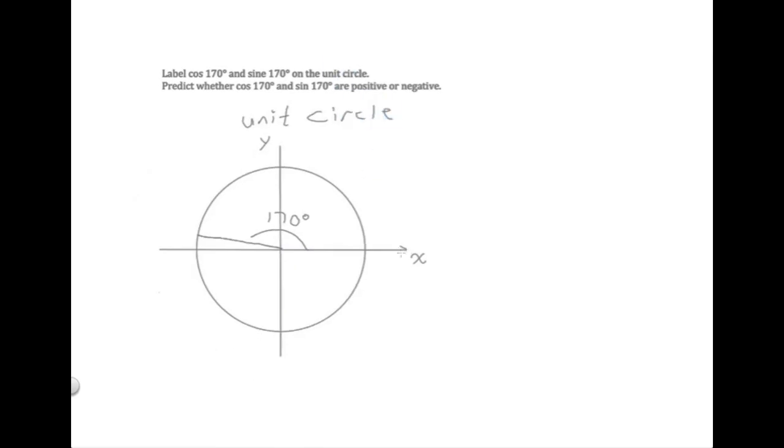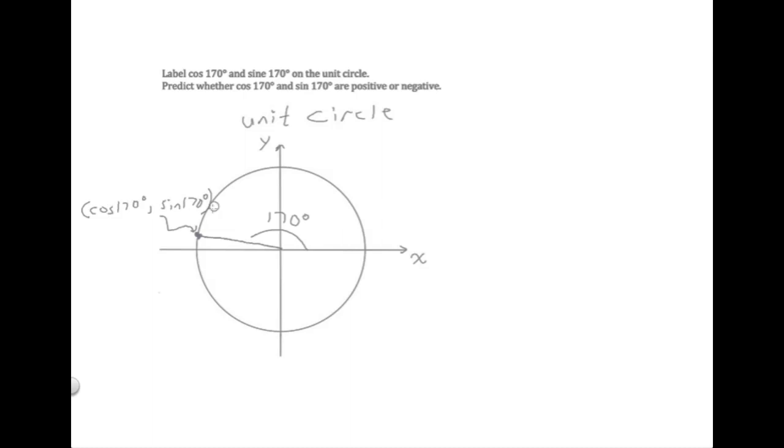Here's our positive x-axis, and counterclockwise from there is in this direction. So that's where we found the 170 degree angle. That means we're focusing on this point. And we know again that the x-coordinate of that point will be the cosine of 170 degrees, and the y-coordinate of that point will be the sine of 170 degrees.